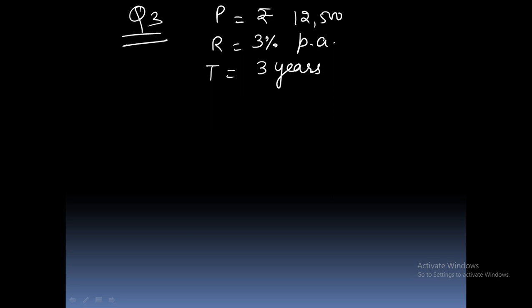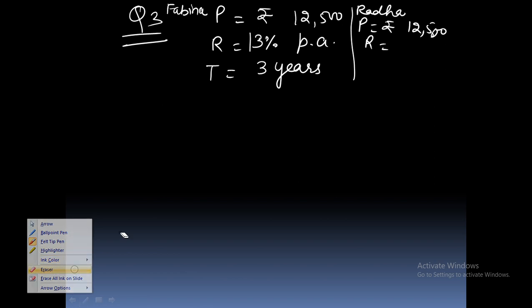So, first of all, this is given according to Favina. And here we will write according to Radha. Radha also takes the same loan, but the rate of interest, sorry, on this side I have written a wrong value of rate of interest.